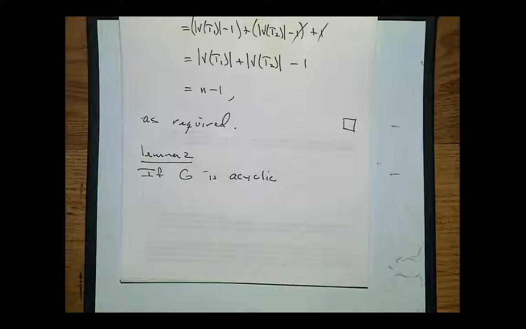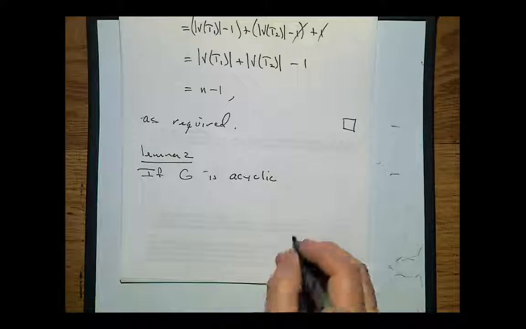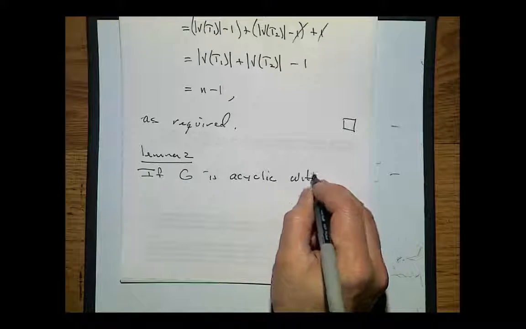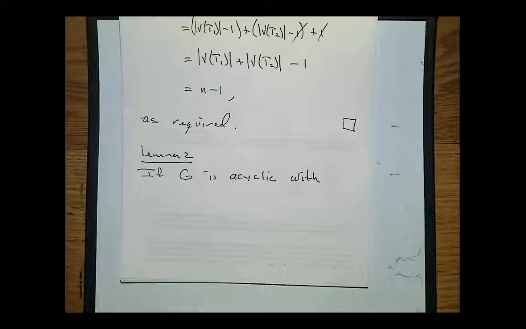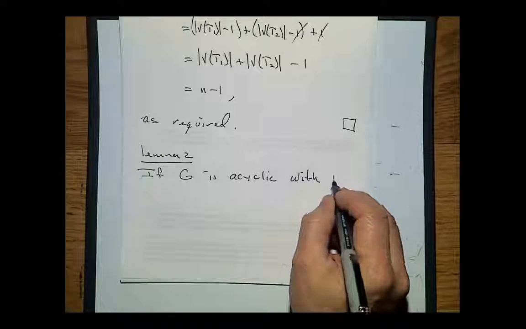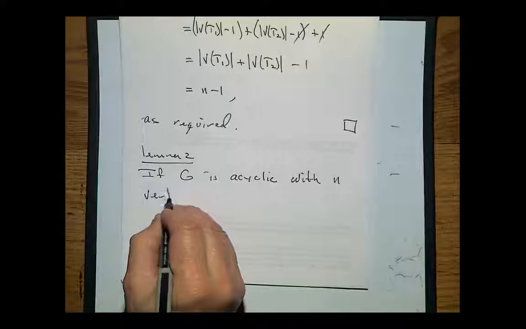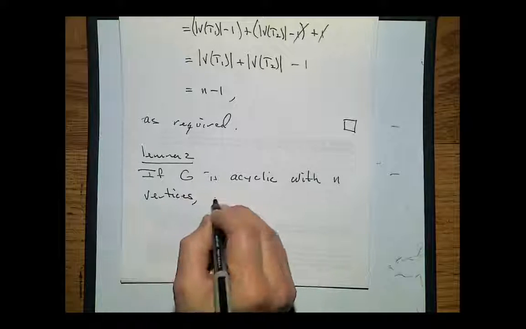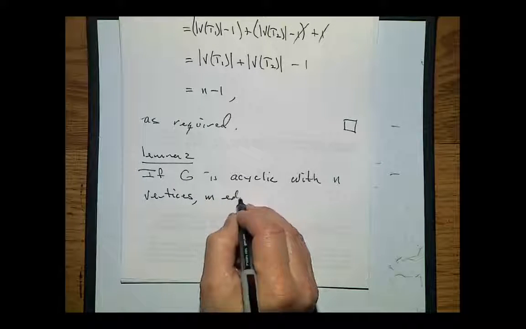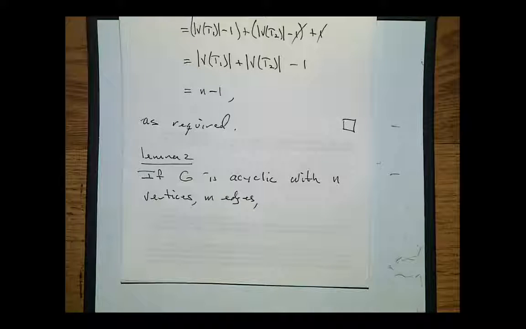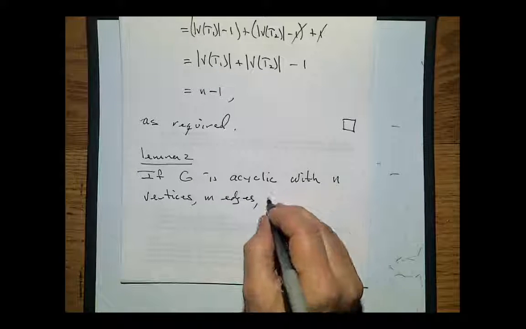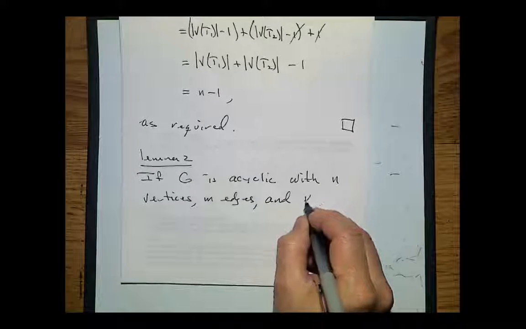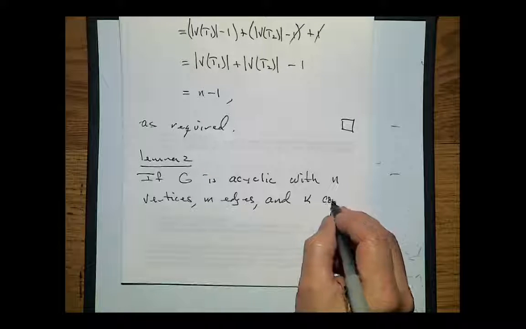No cycles, but not necessarily connected, with n vertices, m edges, and it might have more than one connected component, and k connected components.